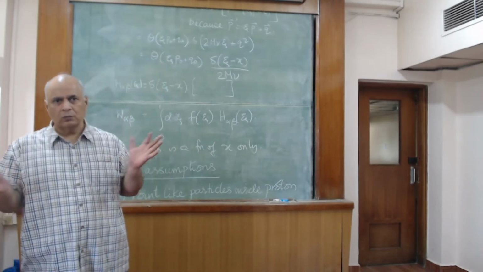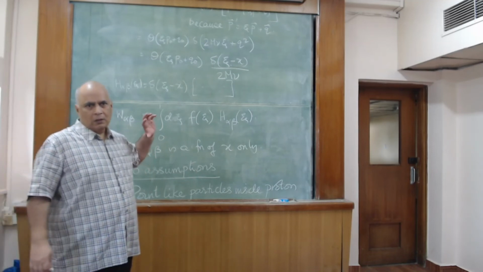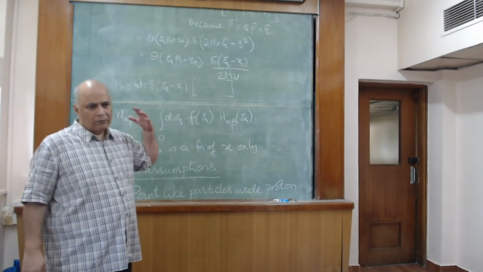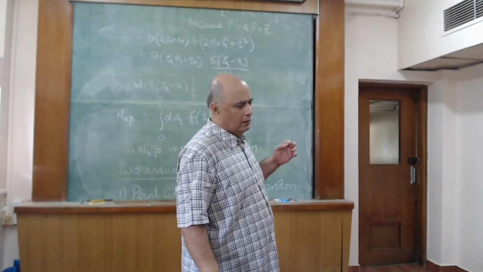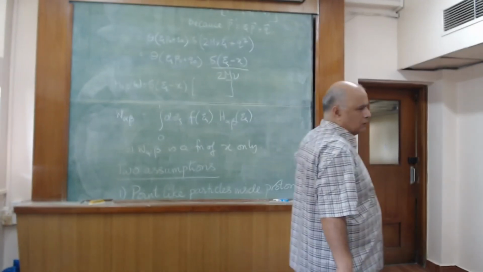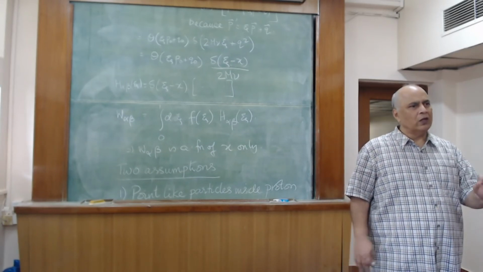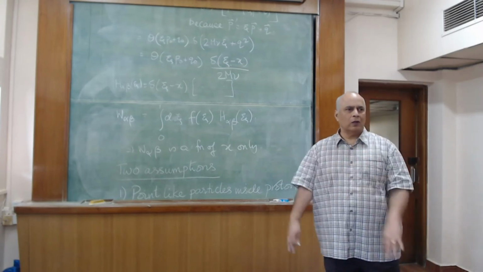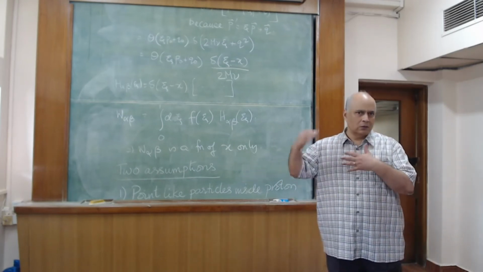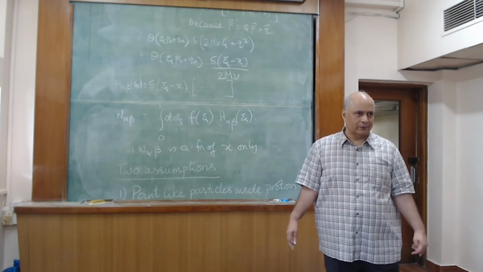So this is how Feynman explained the fact that G1 and G2 depend only on X and do not depend on any other combination, in this case Q squared.